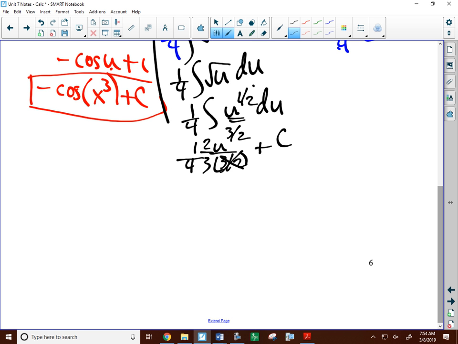So this will be 1 times 2 is 2, and 4 times 3 is 12, which will reduce to 1/6. Then I'm going to put in u, so it's u to 3/2, but my final step is just putting back in what u was. And u was 4x minus 1. I keep the 3/2 plus C.